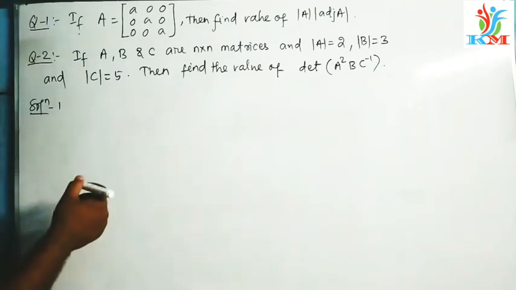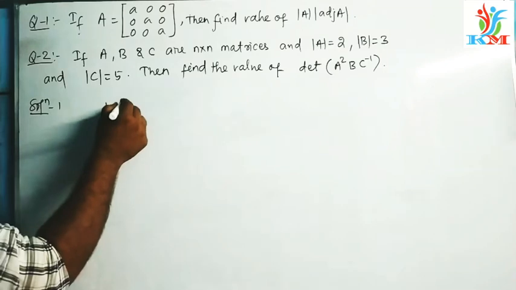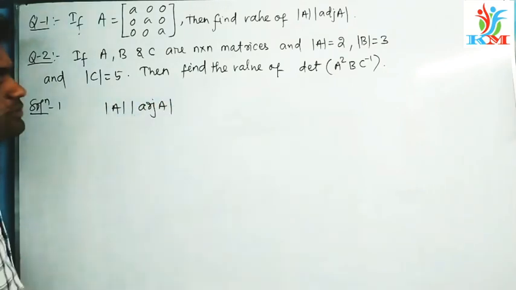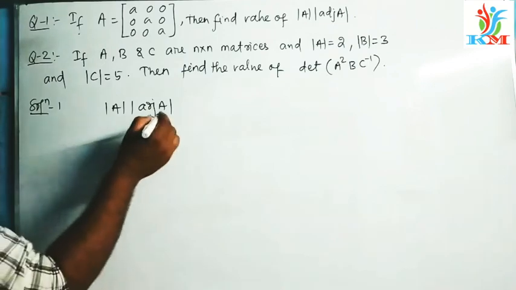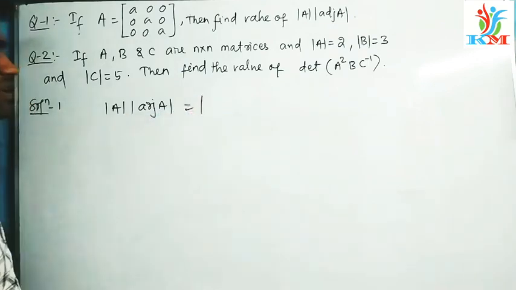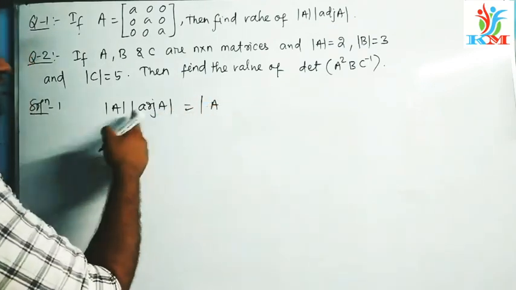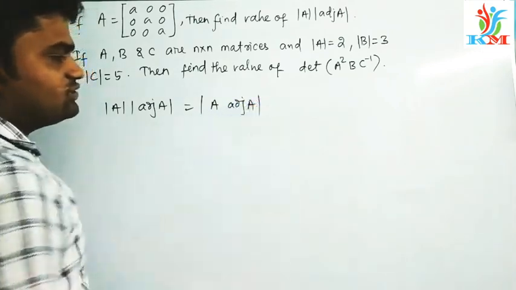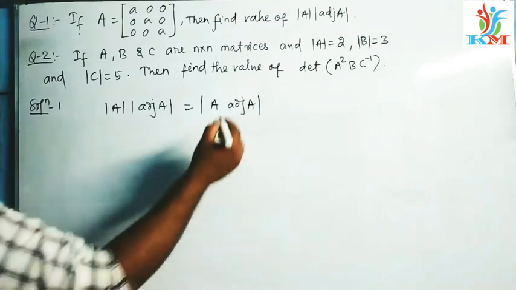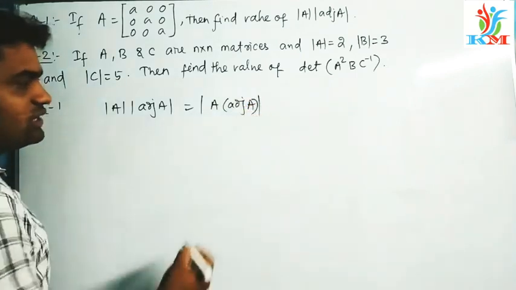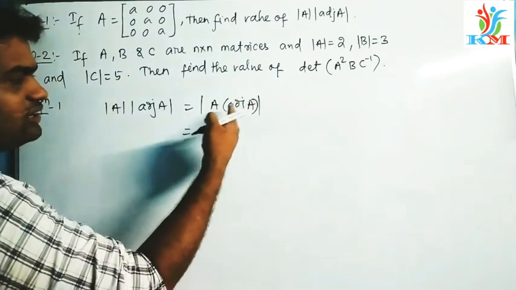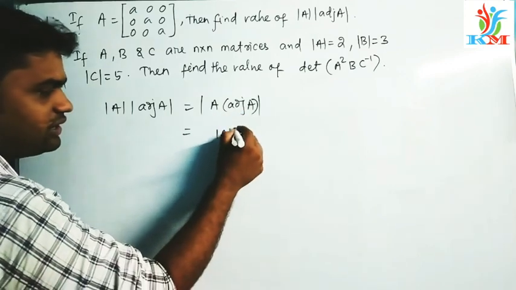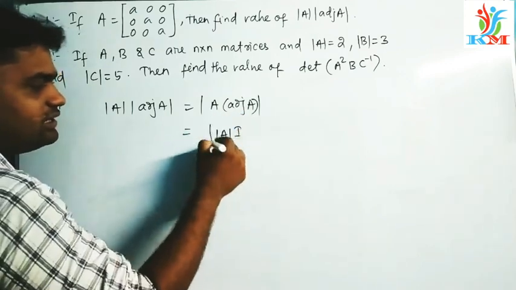As you know that determinant of A into determinant of B is equal to determinant of A into B. So here it becomes determinant of A into adjoint A. As we know that A into adjoint A gives determinant of A into identity matrix.